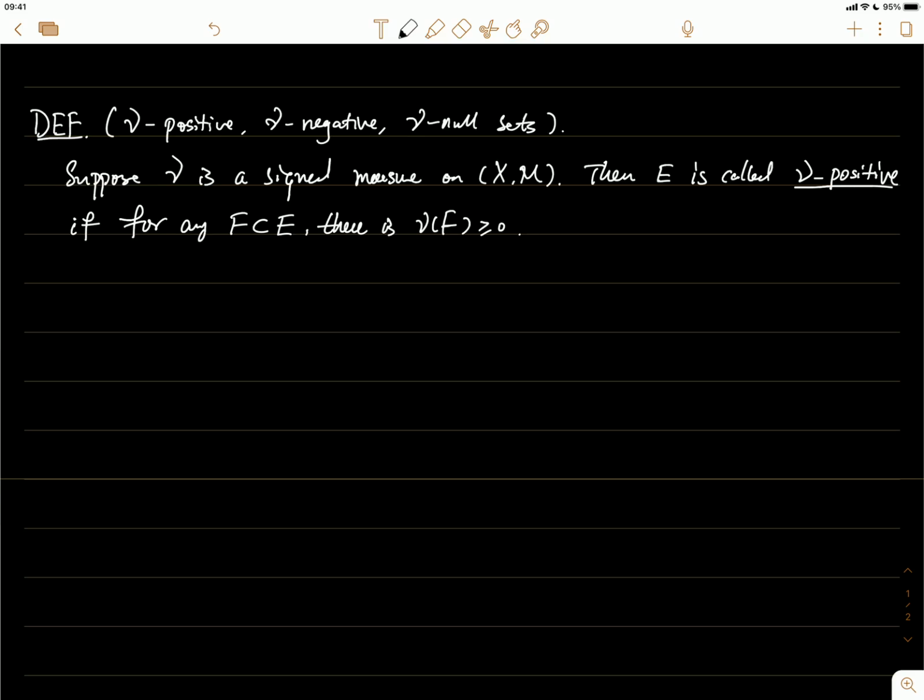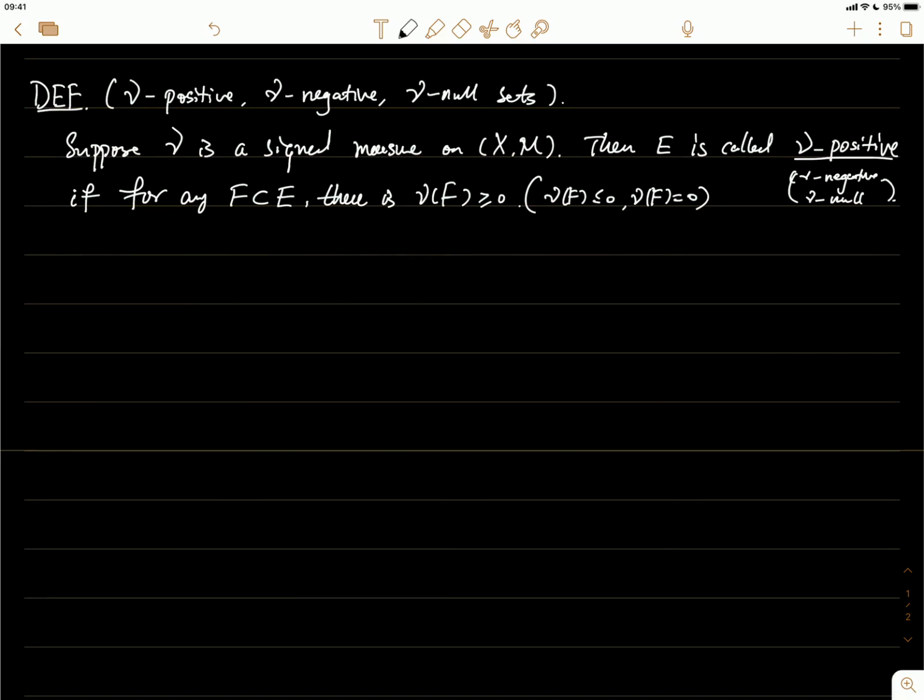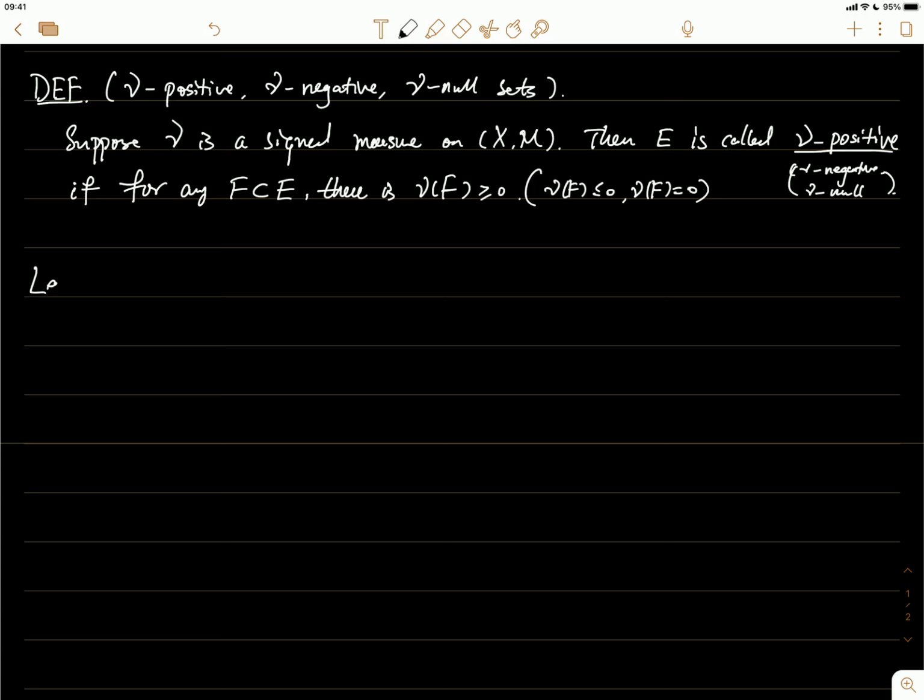Okay, so we can do the same thing for negative. So nu negative or nu null. And in this case, we'll have nu of F less than or equal to 0 or nu of F equal to 0, respectively. Okay, now consider the lemma.